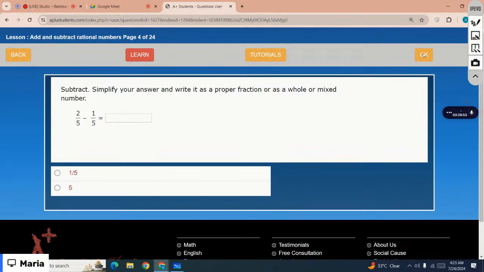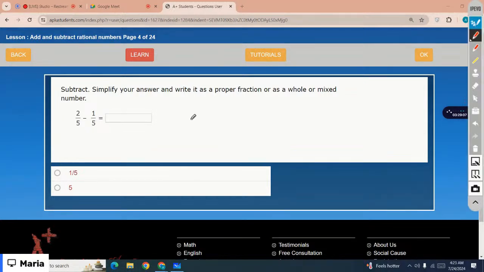The next one is subtract. You have to do 2 by 5 minus 1 over 5. So which is the correct option? They have the like denominators, right?